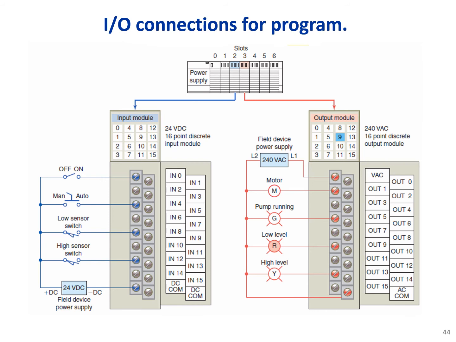The manual-auto is connected to input 4. Once we know our connections, we know the address of our input or output devices in the memory of the PLC, and we can use that address in our programming, in any type of PLC programming.